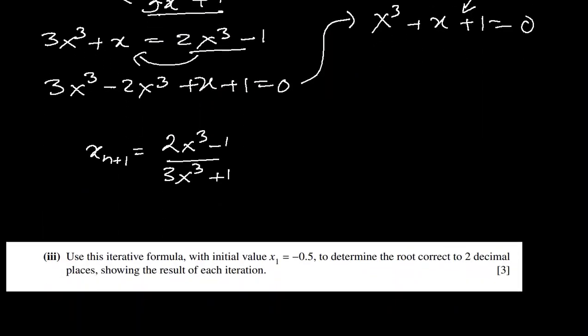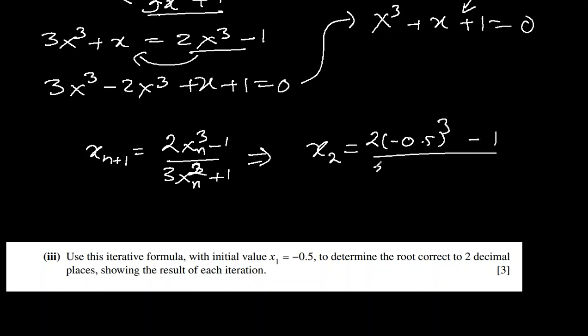So let's start with minus 0.5 as they have suggested. So x2, which will be the next after x1, because we are replacing x_n by minus 0.5, this becomes x1, so x2 equal to 2 times minus 0.5 cube minus 1 over 3 times minus 0.5 square plus 1.